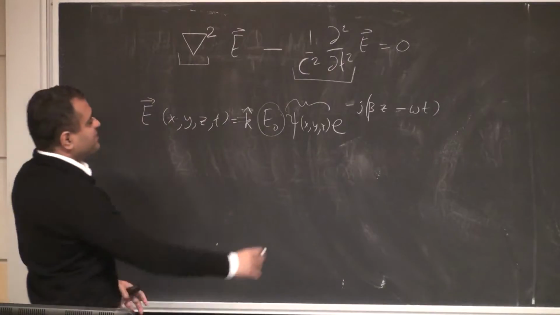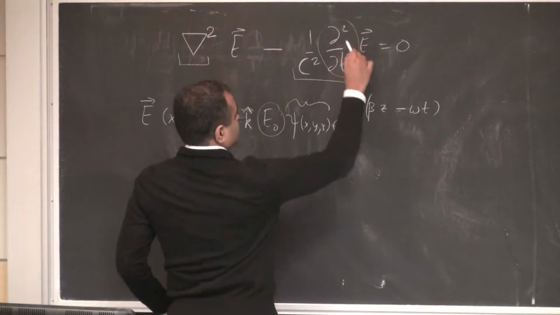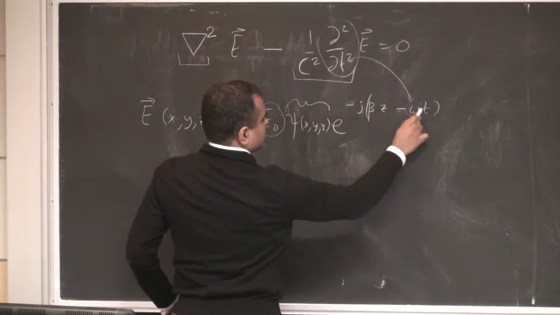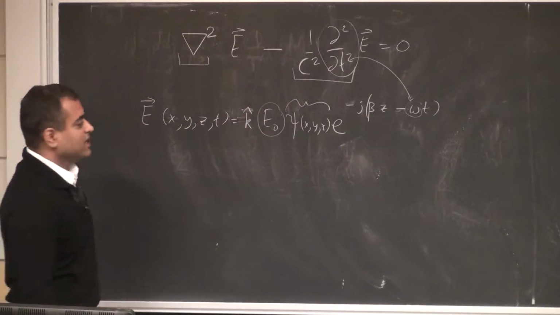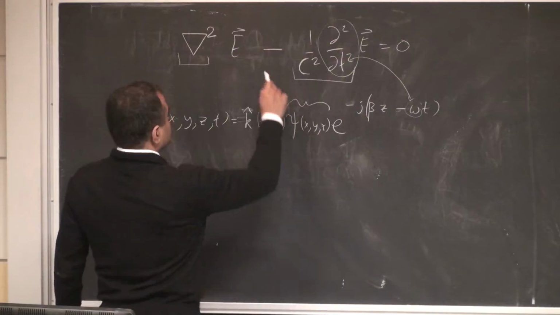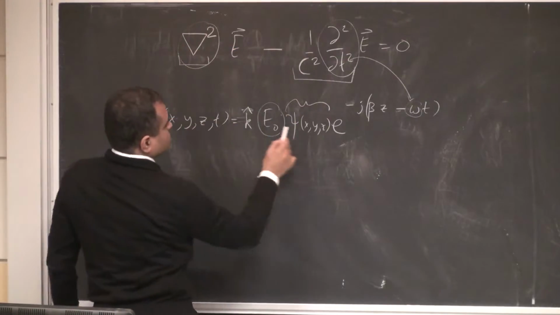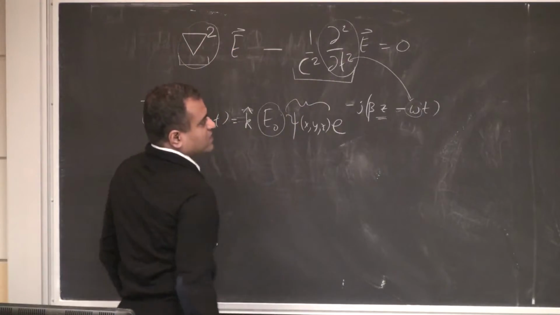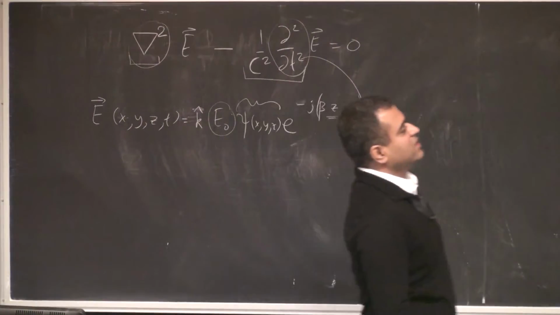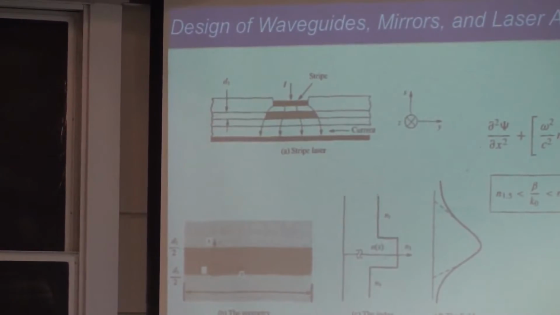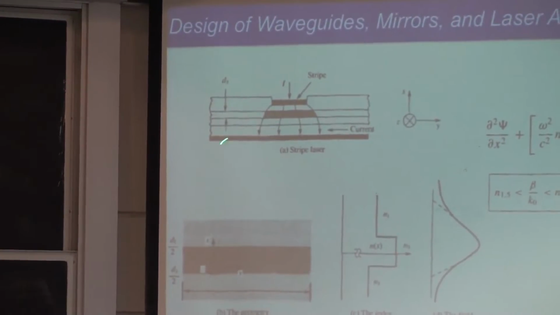And what this time derivative term does is it pulls out factors of j omega to the front. It gives you a minus omega squared. And what the spatial derivative does, our wave is propagating along the z direction. Z is out of the plane here, so it's going along a stripe out of the plane in this picture.